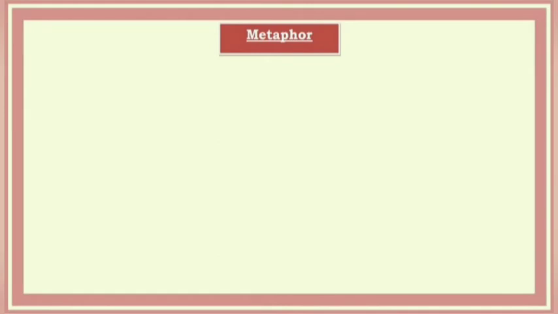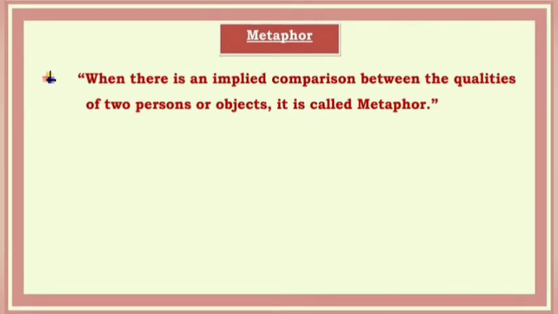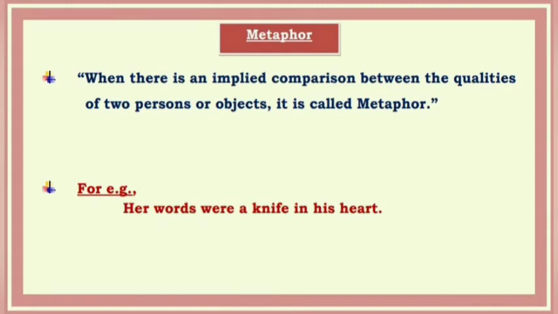Now, what's metaphor? When there is an implied comparison between the qualities of two persons or objects, it is called metaphor. For example, her words were a knife in his heart. Here, the words are compared to a knife. So, this is an example of metaphor.